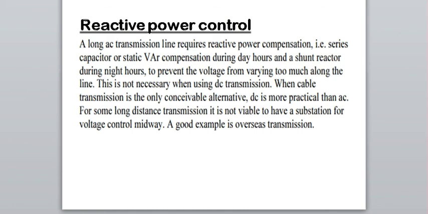For compensation we use techniques like series, shunt and static shunt reactors. These compensating techniques are not required in DC transmission. If you want to transfer over very long distances, we use HVDC transmission.